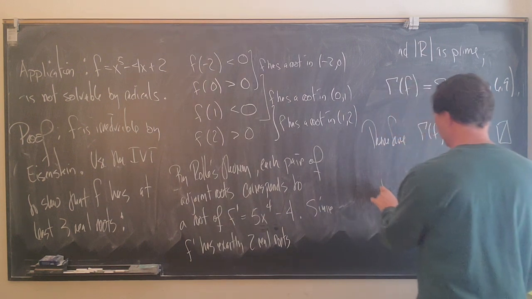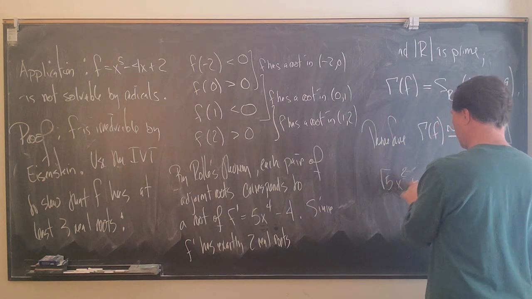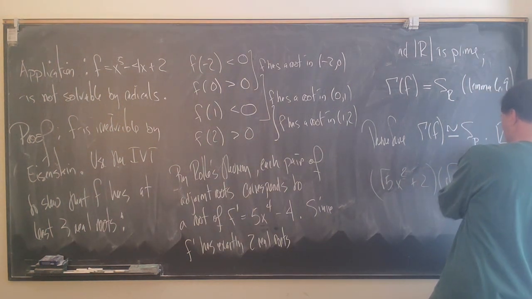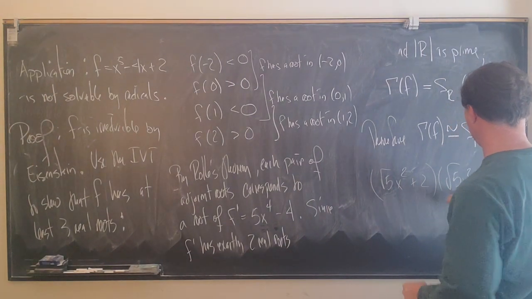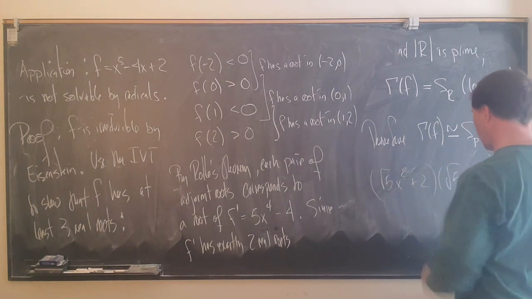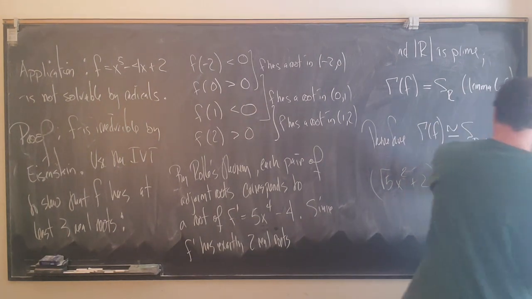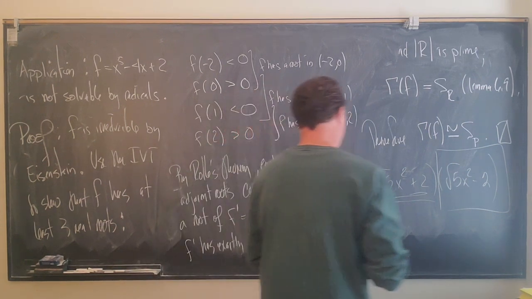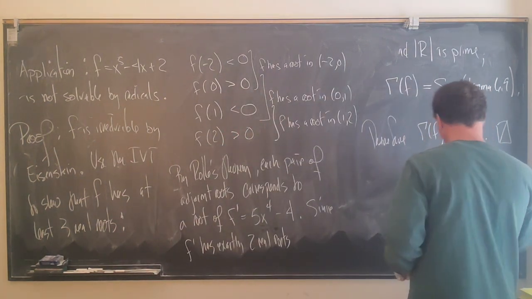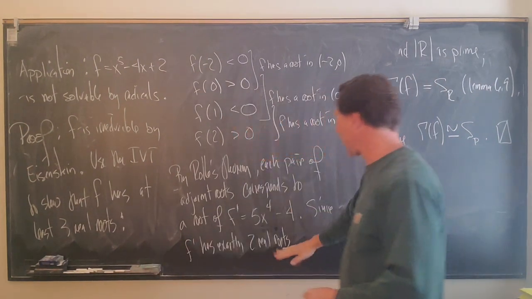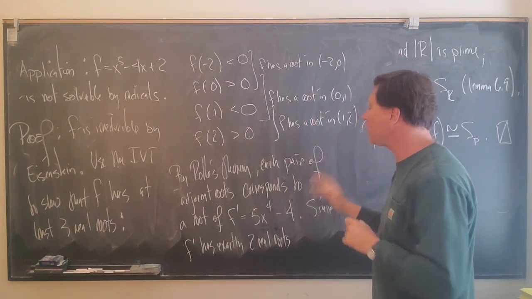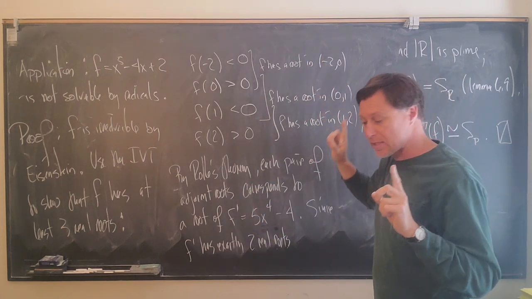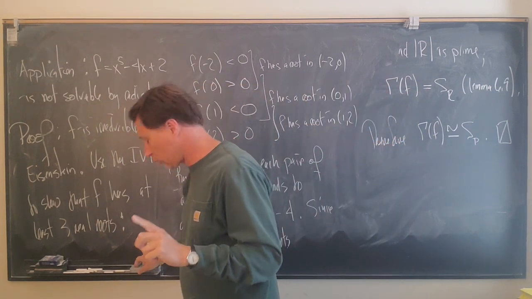Oh, you know, it's square root of 5 x squared plus 2, times square root of 5 x squared minus 2. Did I get that right? 5x to the 4th, and then minus 4. Yeah. So there are 2 real roots coming from here. The roots of this other part are imaginary. So we know that there's exactly 2 real roots, which means that we could not have another pair of adjacent roots. We have 3 pairs of adjacent roots, which tells us that there are exactly 3 real roots.